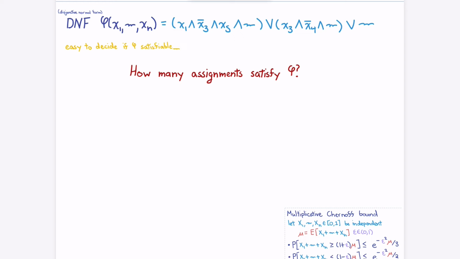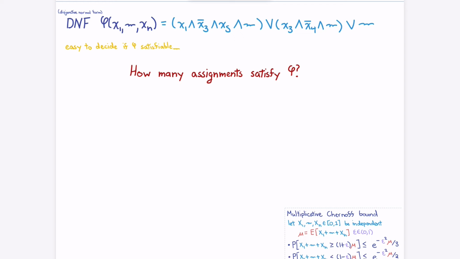And the question is not whether it can be satisfied. That's easy. You just look at a clause and see if x1 and x1 not appear in it. But how many assignments satisfy this formula? It could be a very big number. It could be a very small number. So that's our goal. We want to estimate this.